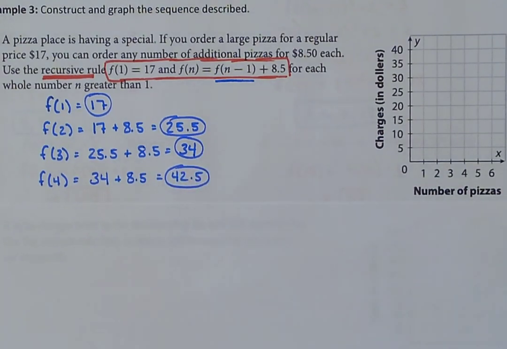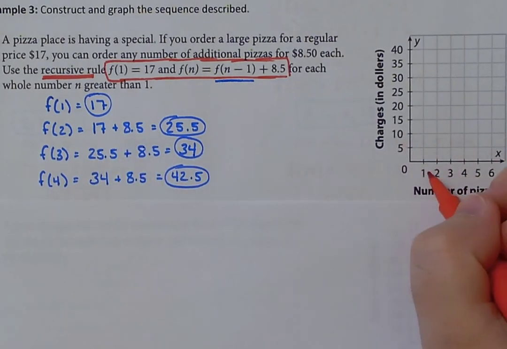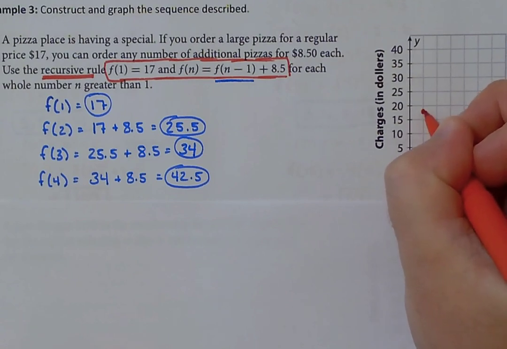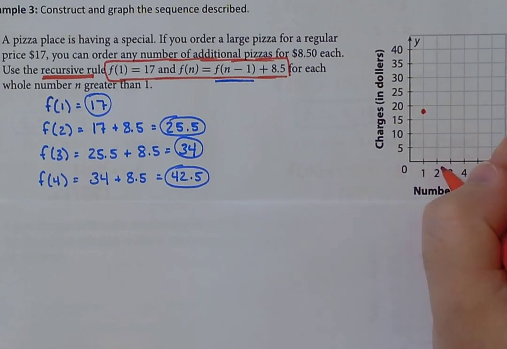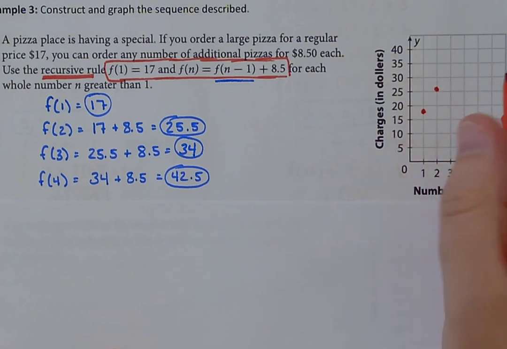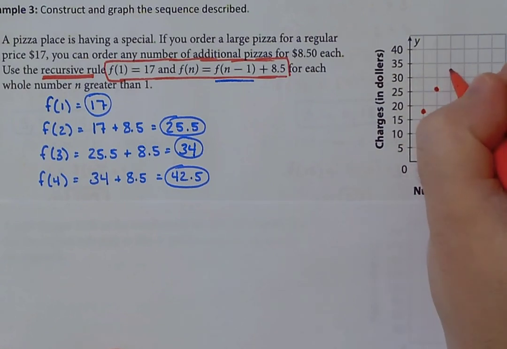All right, so those are my first 4 terms. We just go through and plot the points. So my first term, the number of pizzas: if I bought 1 pizza, it's $17. If I bought 2 pizzas, it's 25.5. If I bought 3, it's $34.